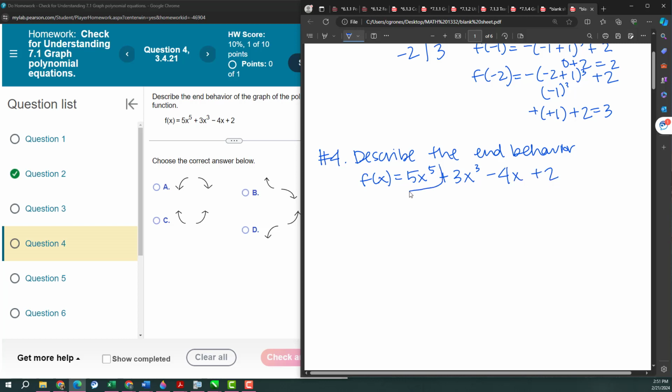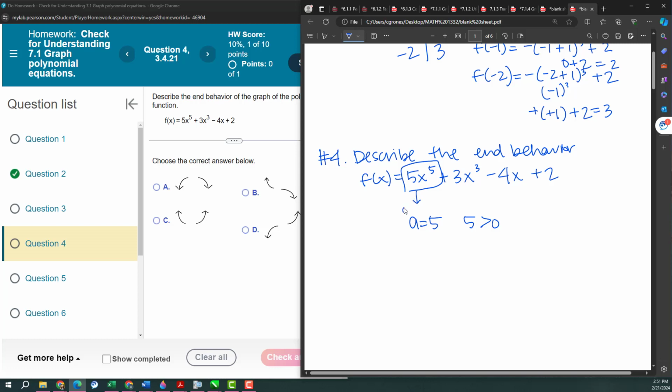So this is our leading coefficient, so this is what we're going to be looking at. So a equals 5. So 5 is greater than 0.